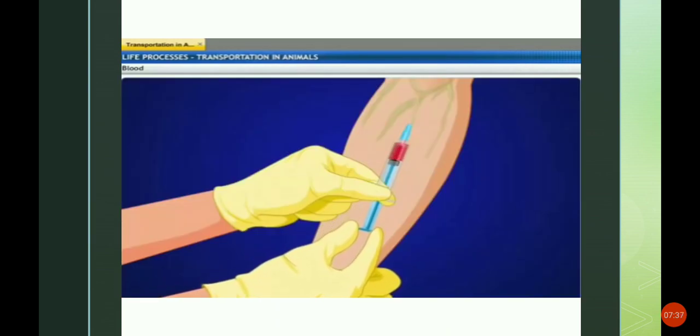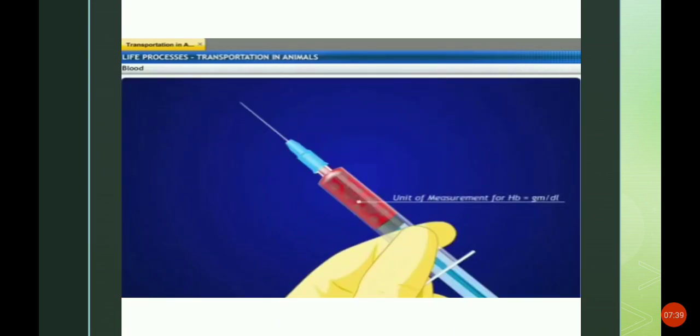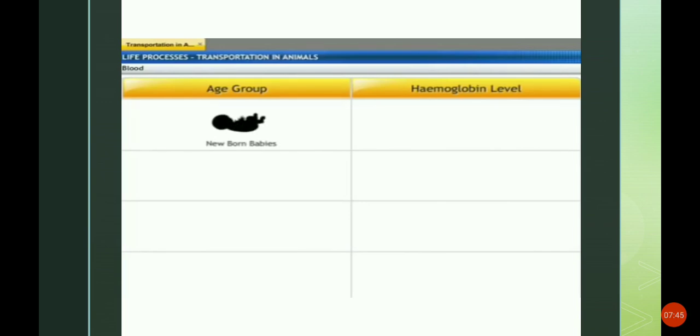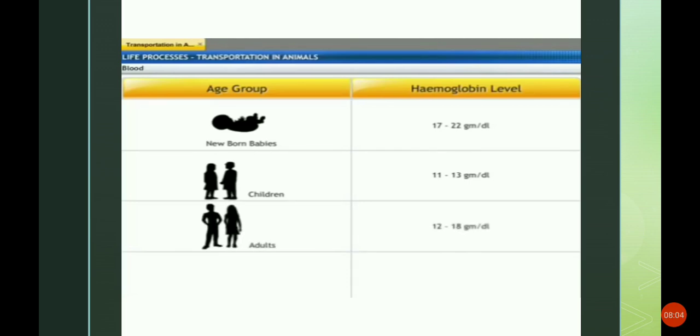The unit of measurement for hemoglobin is gram per deciliter of whole blood. In newborn babies, 17 to 22 gram per deciliter of hemoglobin is present. For children, the normal range is between 11 and 13 gram per deciliter, and for adults, it is between 12 and 18 gram per deciliter.